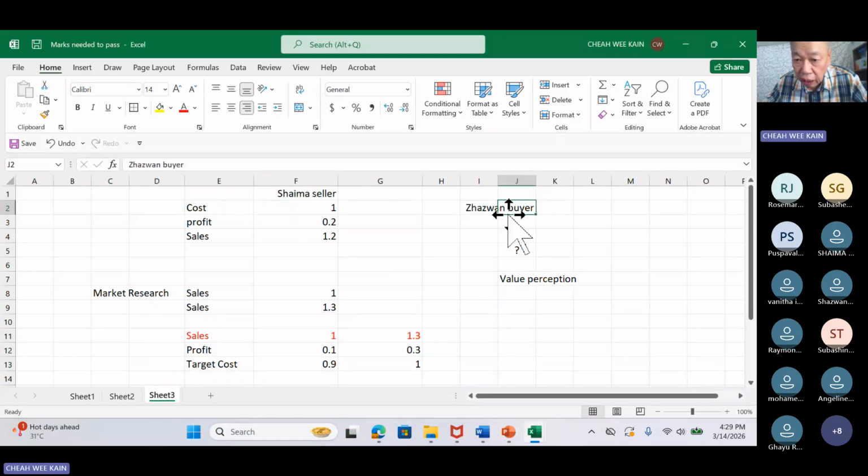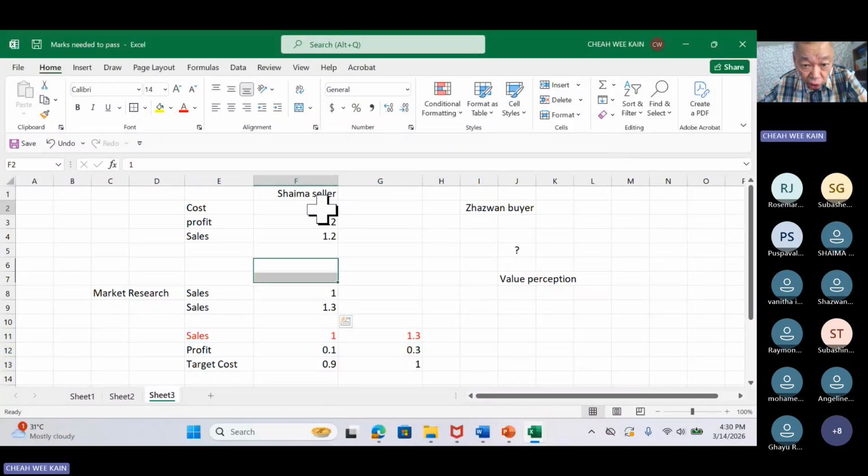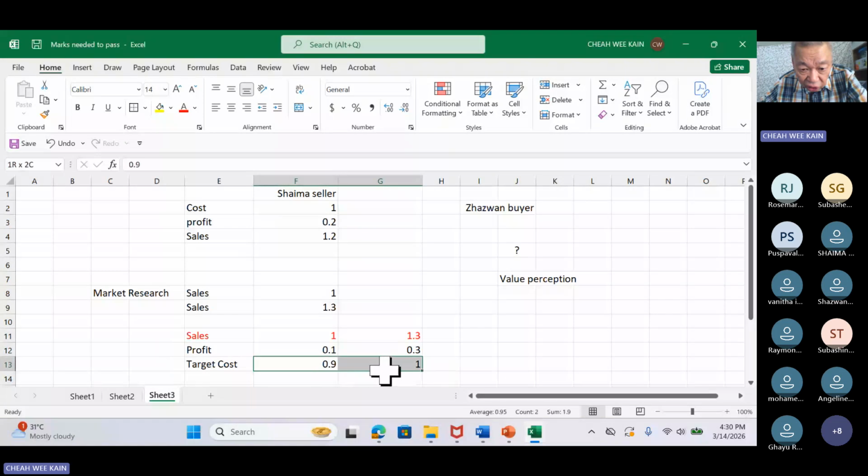Does Shazwan care? If Shazwan does not care about variable cost and fixed cost, he's only worried about this perception value, which is this price. So why are you talking about cost for what? The only reason you talk about cost is to see what your actual cost is and what your target cost is. Your activity is to move your actual cost, right now cost, to the target cost.